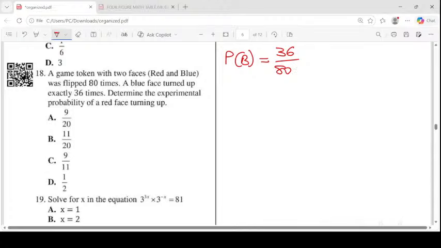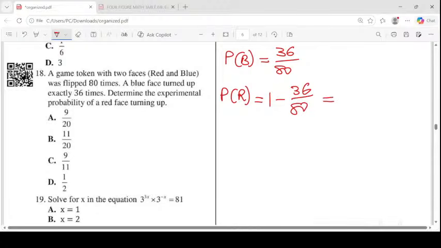But now the question is asking, determine the experimental probability for the red face turning up. So for the probability of red turning up, remember the total probability adds up to 1. So it will be 1 minus 36 out of 80, which is the remaining possibility.